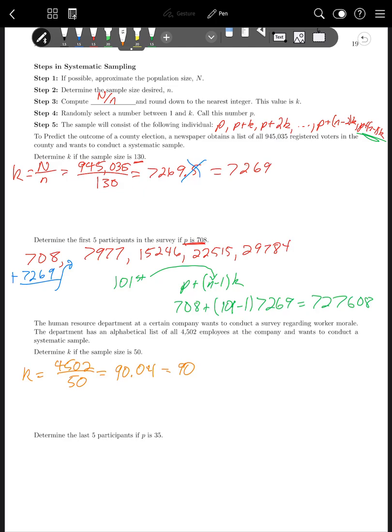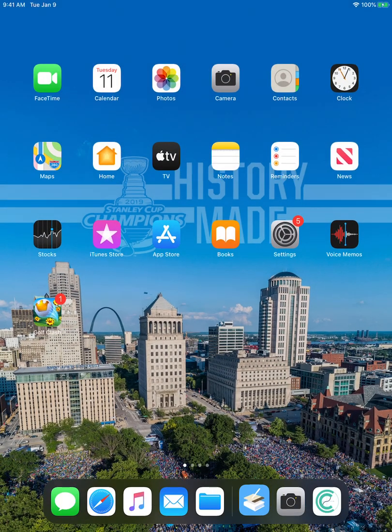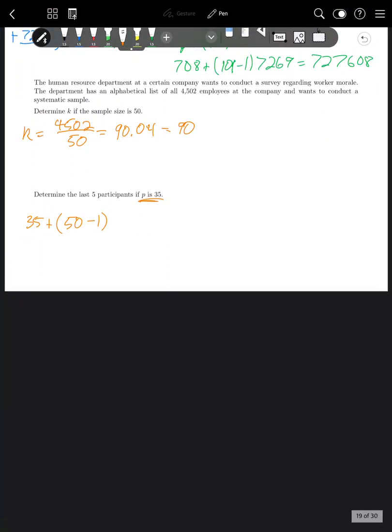Okay, in this case, if we assume P is 35, it wants us to find the last 5 participants. Well, as we discussed, we can find any participant we want. So let's start with the last participant. The last participant is going to be our P, which is 35, plus 50 minus 1 times K, times 90, right?